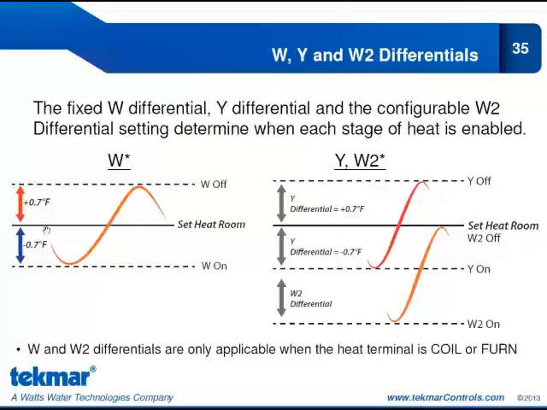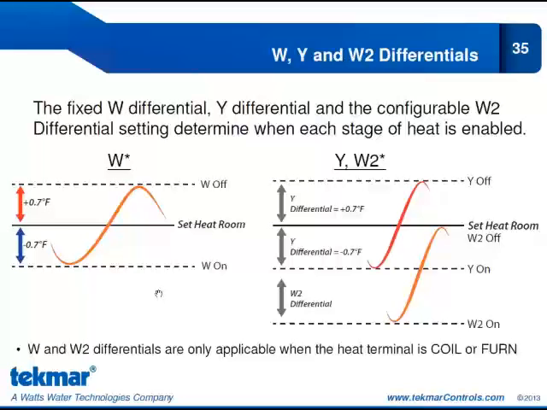Our W differential is 1.4. So minus 0.7 from the set heat room and plus 0.7 for the set heat room. Now this only applies if your heat terminal is coil or furnace. So if your W is set up for HRF, then it's going to be a PWM function, not a differential.